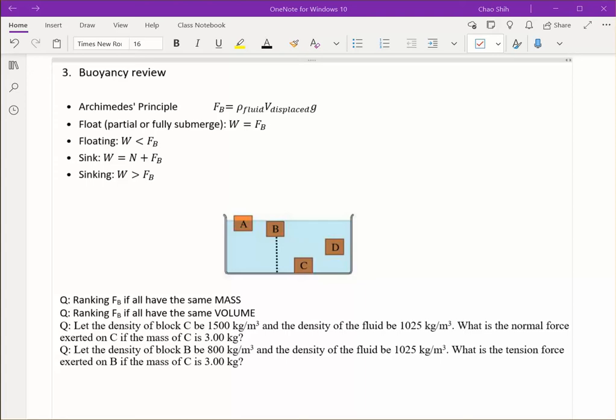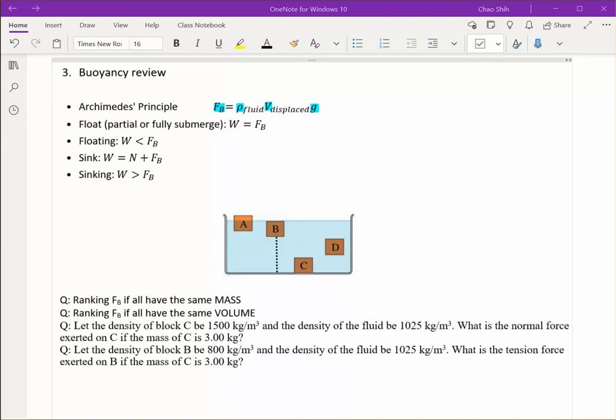Which means the buoyancy force is equal to the fluid density multiplied by the volume being displaced by the object, multiplied by g, where g is 9.81. So that is our buoyancy force.